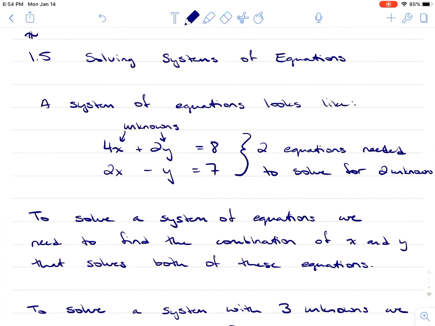You can do equation 1 minus 2 times equation 2. So then you would have 4x minus 4x is 0. So now you've eliminated those x's, right? And now you have 2y minus 2y, not very helpful, right?